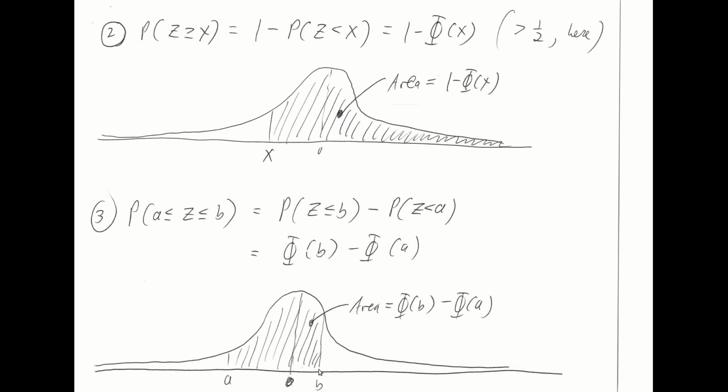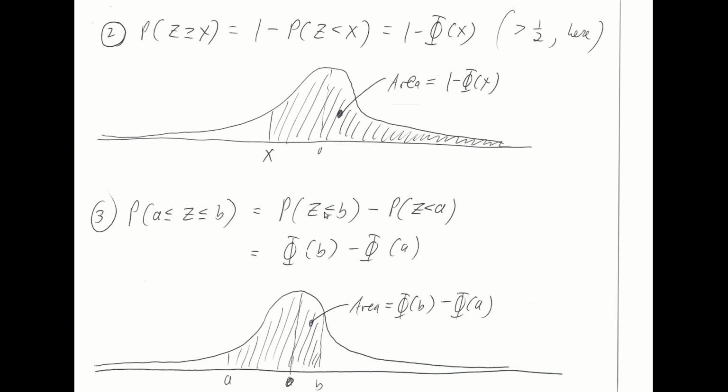And that is just, if I took B and I took all of the area to the left of B, I would have the shaded region plus the tail to the left of A. So I take that value of phi of B and I subtract off the probability that the random variable is to the left of A. I'm taking the area to the left of B, I'm subtracting off the area to the left of A, and I'm being left with the area that's between A and B here.